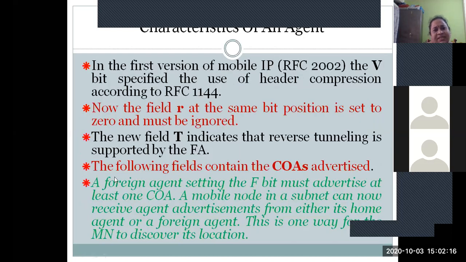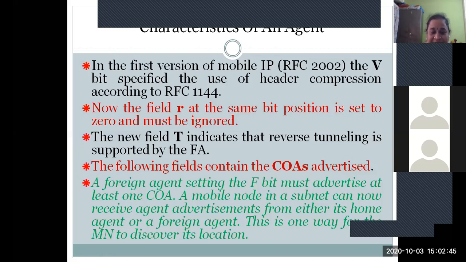And next one is the V bit in the first version of mobile IP. The first version of mobile IP came into existence in 2002 as an RFC standard. The V bit specifies the use of header compression according to RFC 1144. So according to RFC 1144, that is nothing but the IP communication standard, the header compression is going to be seen.